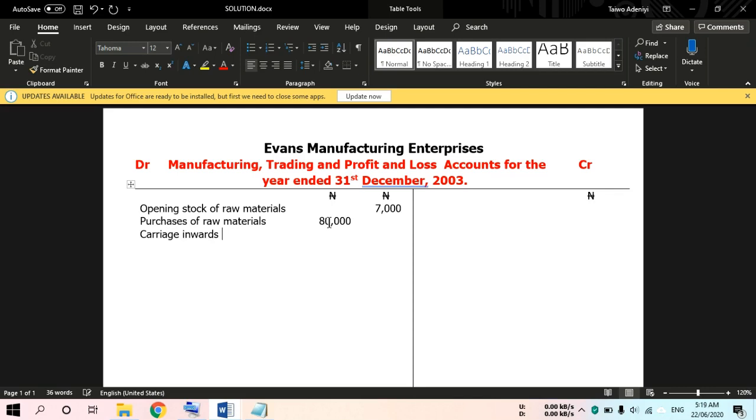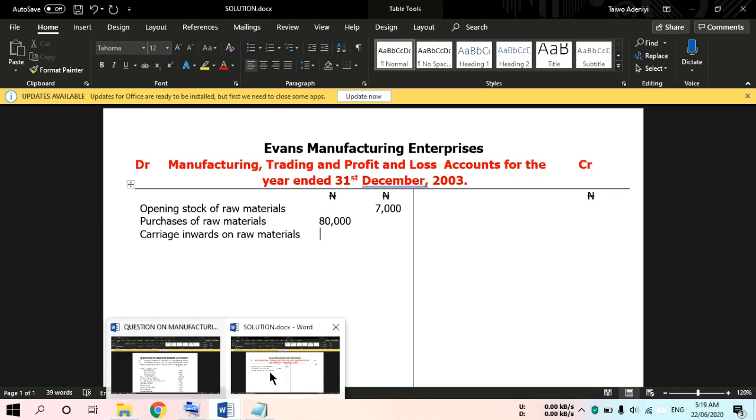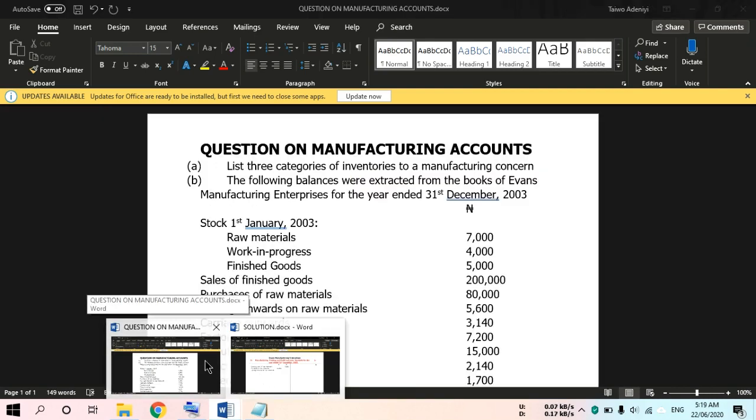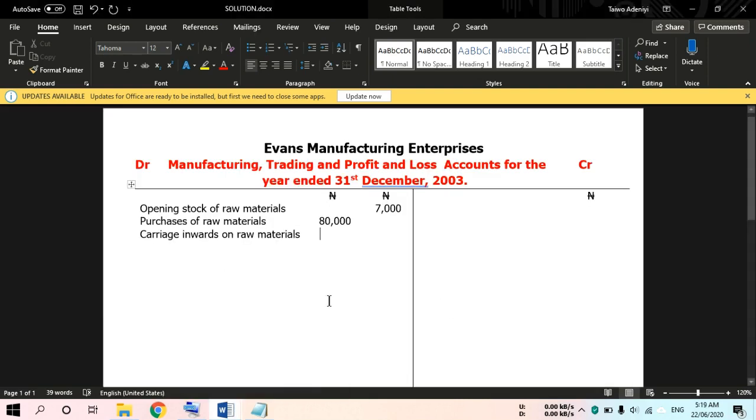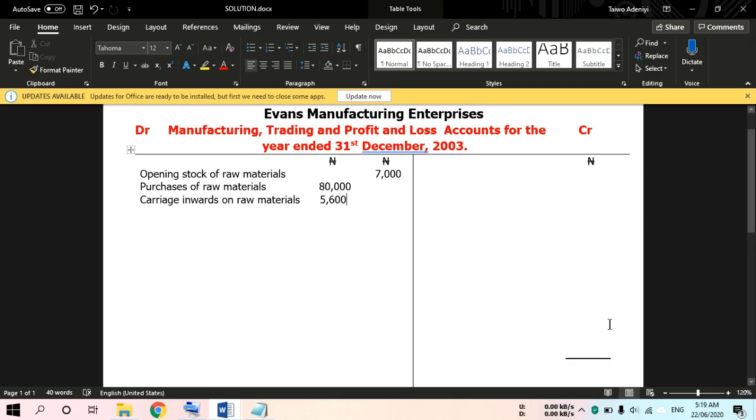80,000 there. Carriage inwards on raw materials, that is 5,600 naira. That will give us 85,600 naira.